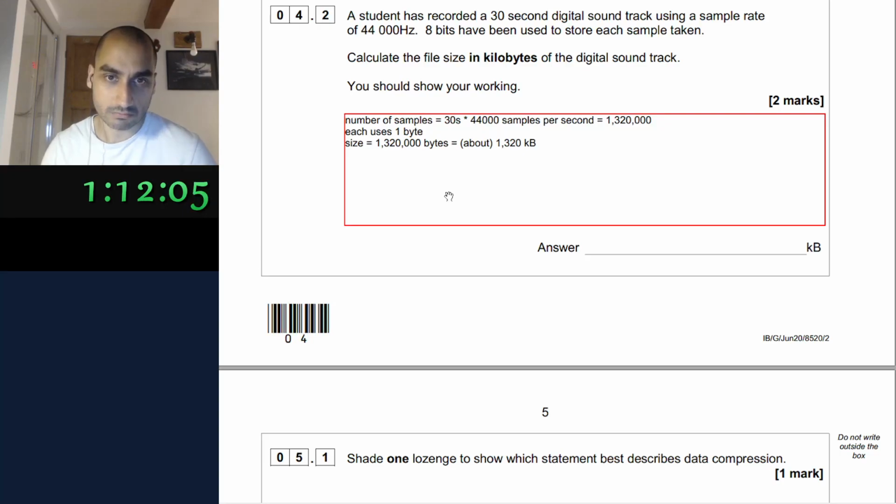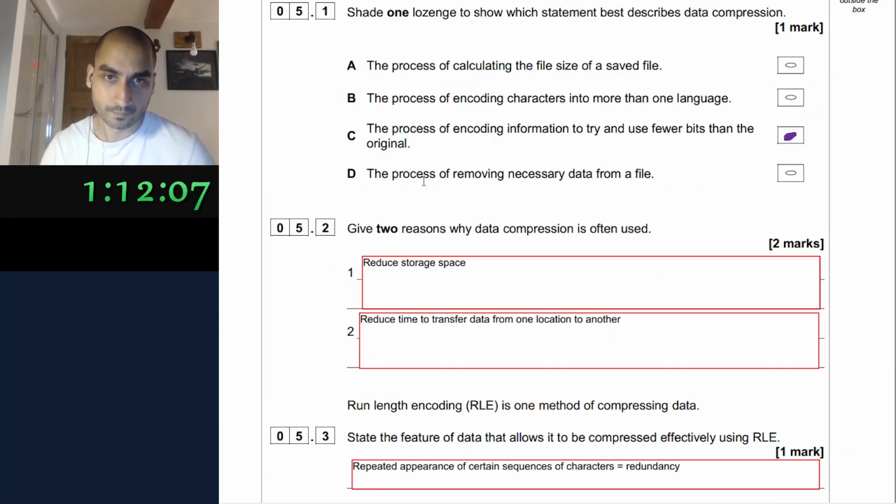Yep. I know. Two reasons why data compression is often used: reduce space, reduce time. That's the 2 reasons.